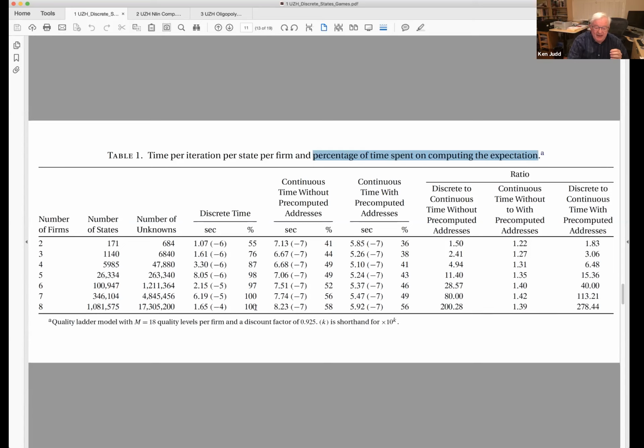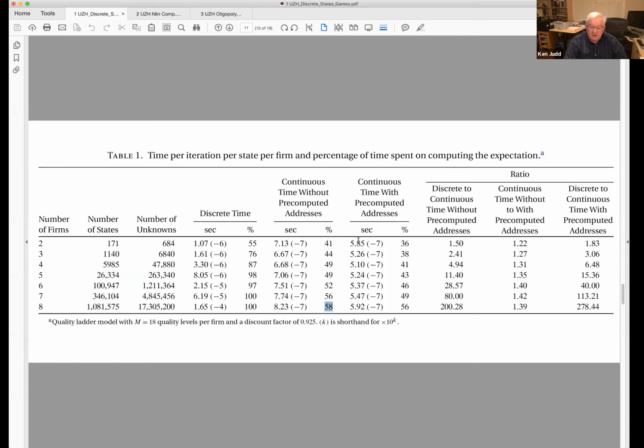So if you're doing 8 firms, almost all your time is spent on doing that expectation. Now, if you had 8 firms, everything's the same except you have continuous time. What happens is that the time to update a single state has gone down by a factor of over 100. And why? Well, that's because only 58% of your time is spent on that expectation.